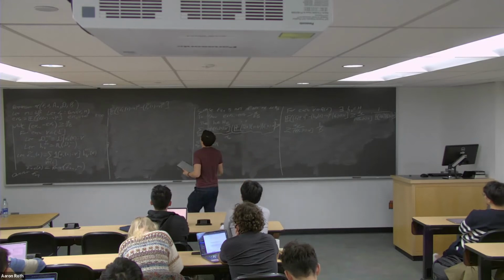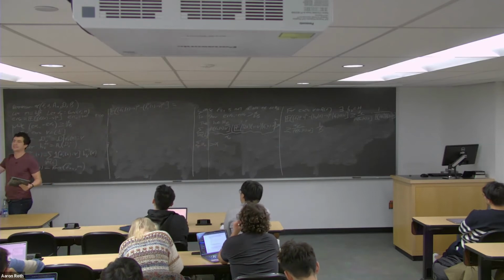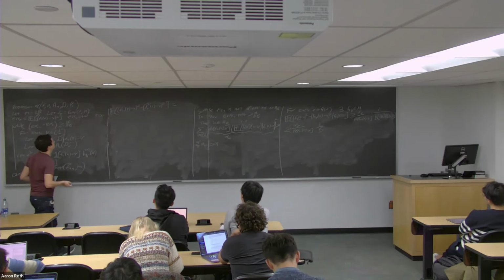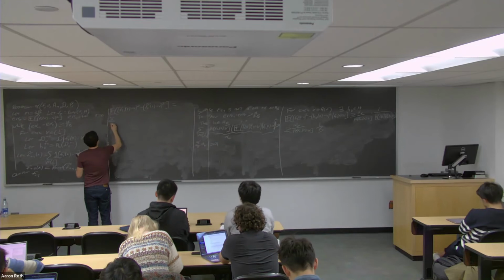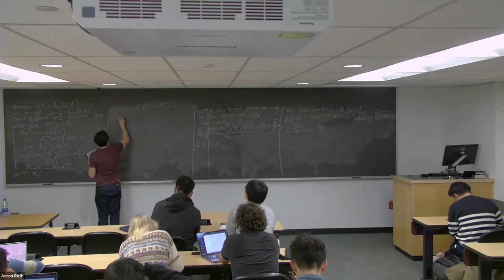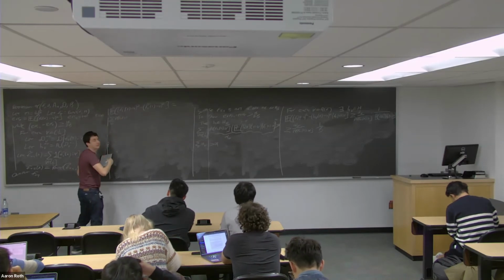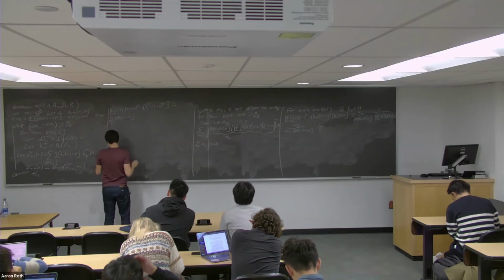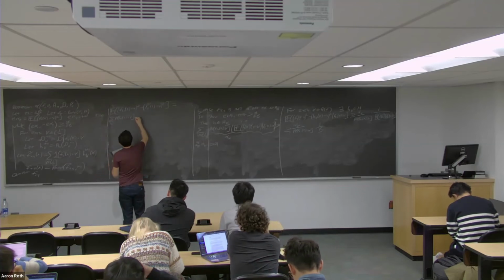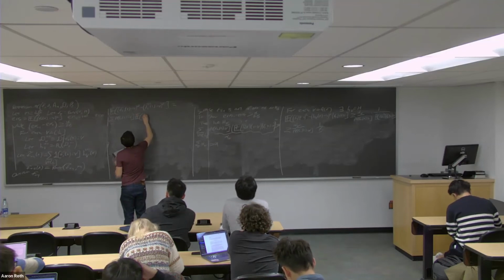Well, by linearity of expectation, I can break this up by looking at the squared error on each of the level sets. So this is just the sum over all of the level sets of ft minus 1 of the probability that I land in that level set times the expected decrease in squared error on that level set.